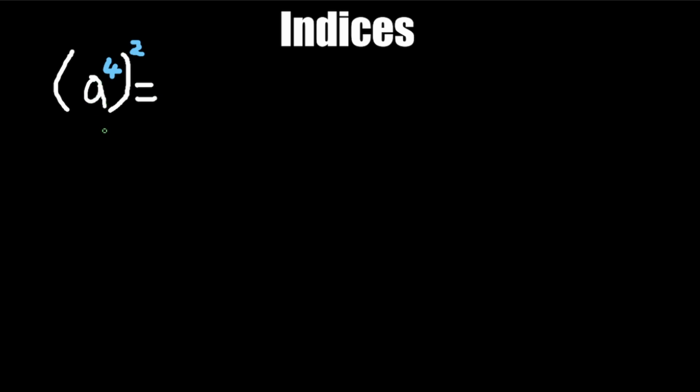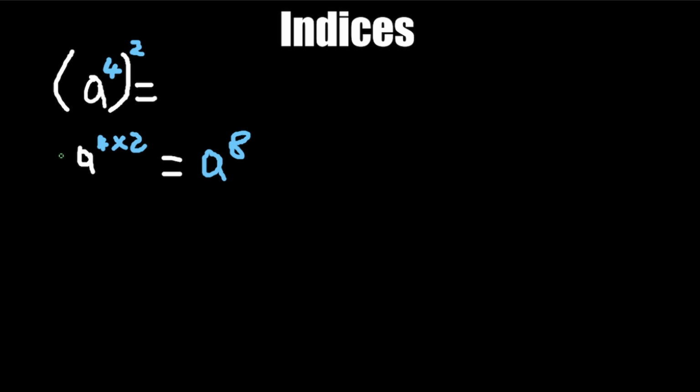A lot of the time you may want to write down a to the 4 times 2 right here, so that you can have it look a lot more simple. And so this is just going to be a to the 8th power. Good. So now we know how raising it to another power works.